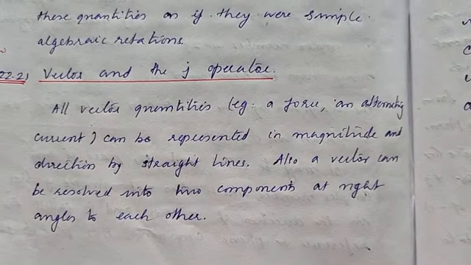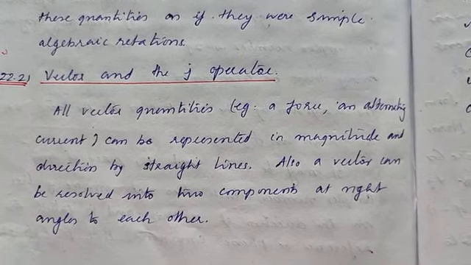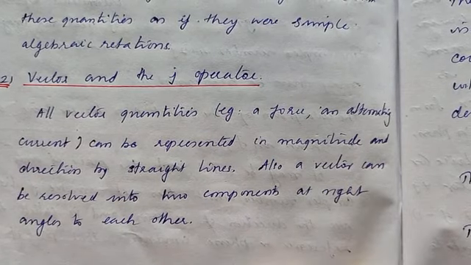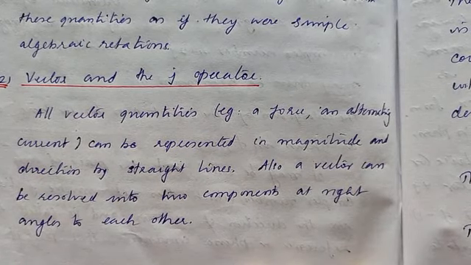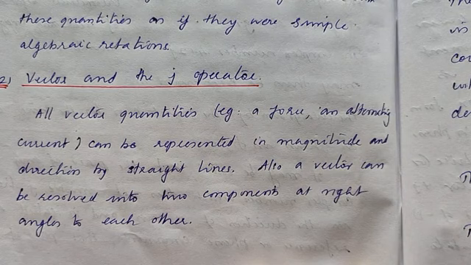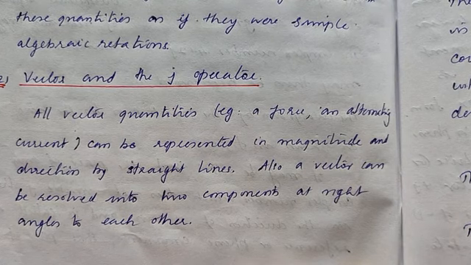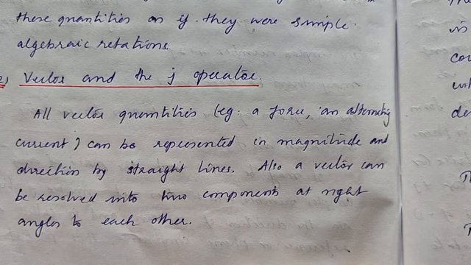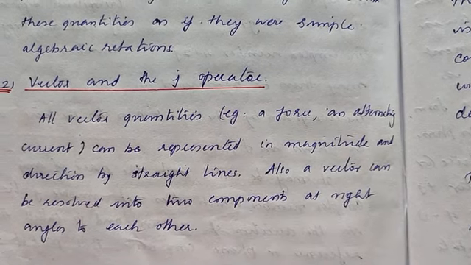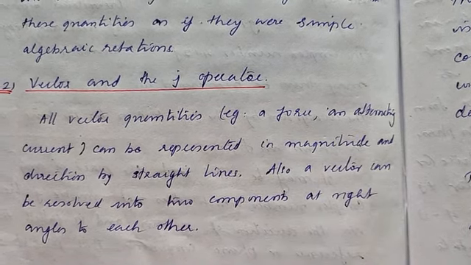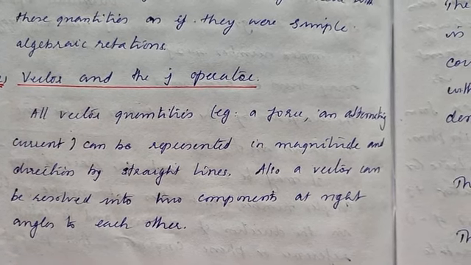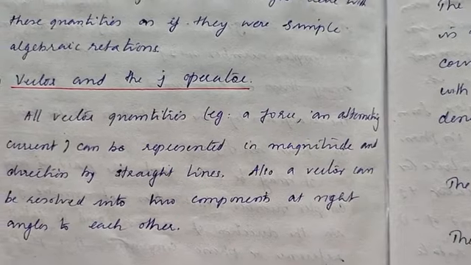Now, vector and the j operator. We'll discuss different types of representation of a vector, using the j operator. All vector quantities, for example force, alternating current, etc., can be represented in magnitude and direction by a straight line.